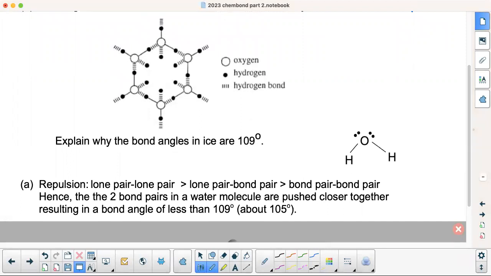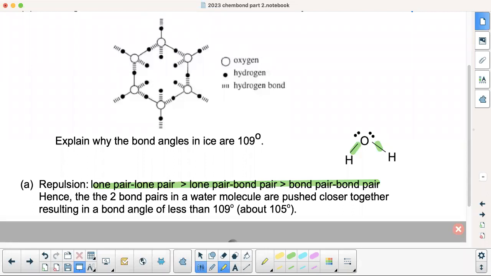I think you remember what I mentioned, that if there's a lone pair, they repel more. You push the bond angles closer. So you must have this in your answer key. This is the main thing. Lone pair-lone pair repulsion is greater than lone pair-bond pair, so it'll push the bond angles even closer, and then the angle will be less than 109.5.